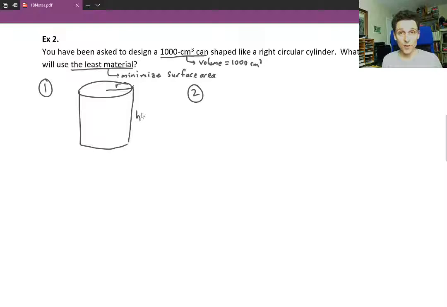It could be in two variables, that's fine. We have these r and h variables already. A function that models the surface area. I'm going to use a for surface area. Some people like to use s for surface area. I'm going to write a for surface area. It'll be in terms of r and h.